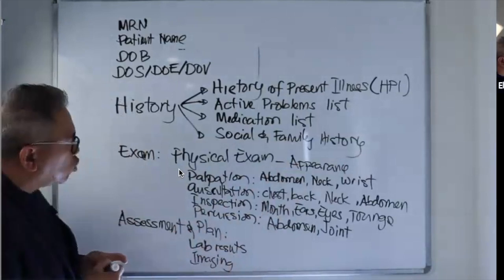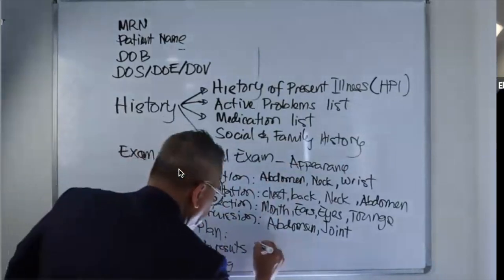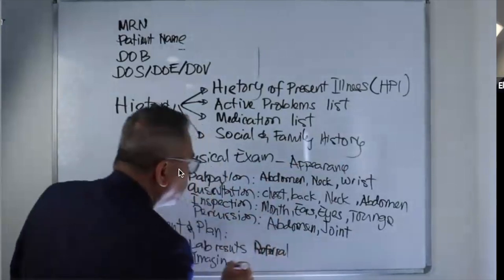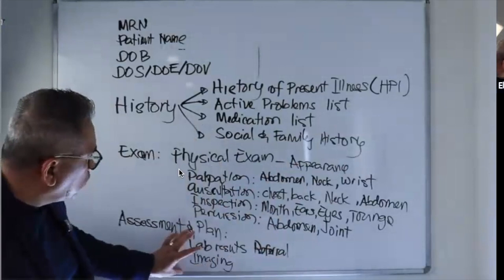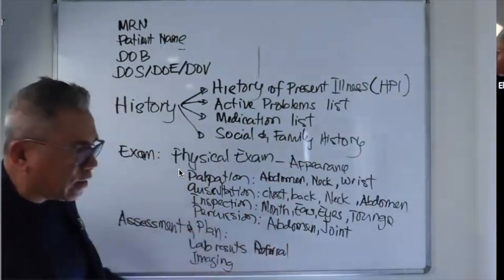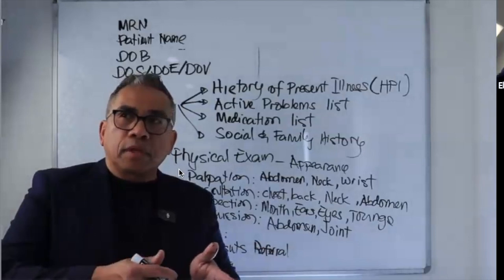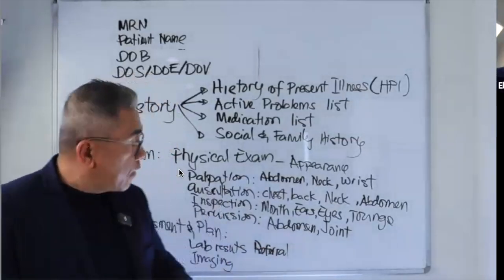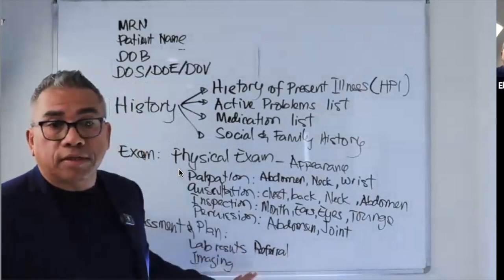The doctor will also put any referral. If the doctor needs a little bit of conference with a fellow doctor, the doctor will report everything here. If the patient needs to be assigned to the observation unit, if the patient is in the emergency department, the doctor will put it here in the assessment and plan.